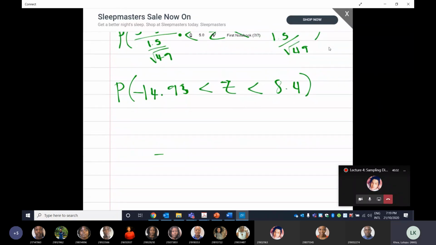So this is your standard normal. This is what it looks like. 0 is always in the middle. Then you put your two endpoints. Negative 14.93 is somewhere here. And then 8.4 is somewhere over here.